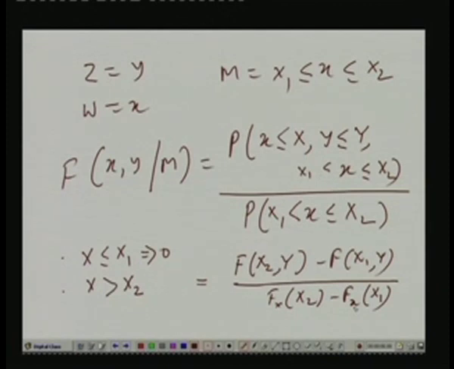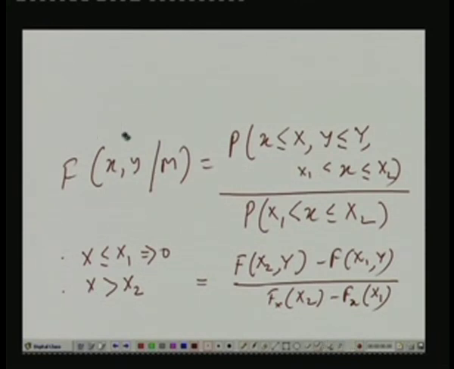Okay. I am nearly through, just one more expression and that will be over for today. And the other case is if x is lying within this range, then obviously I will take small x to be greater than x1, but less than or equal to capital X. On the lower side the limit is x1, but the upper side it will go up to capital X as coming from here.